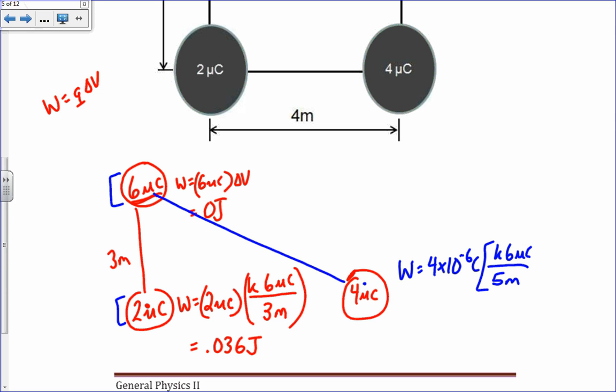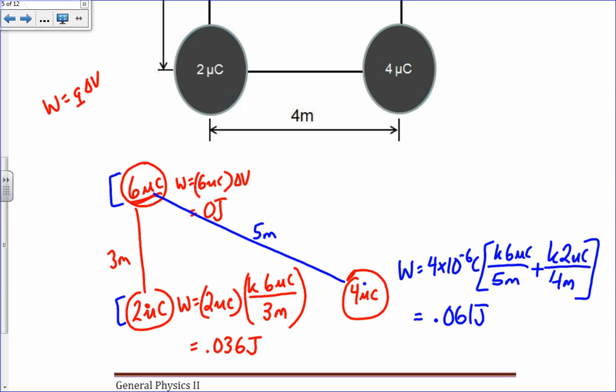Remember, because this distance was 5 meters. That's right. Plus K times 2 microcoulombs divided by 4 meters. All right, and then that gives us the work to bring in that 4 microcoulomb charge, which is 0.061.